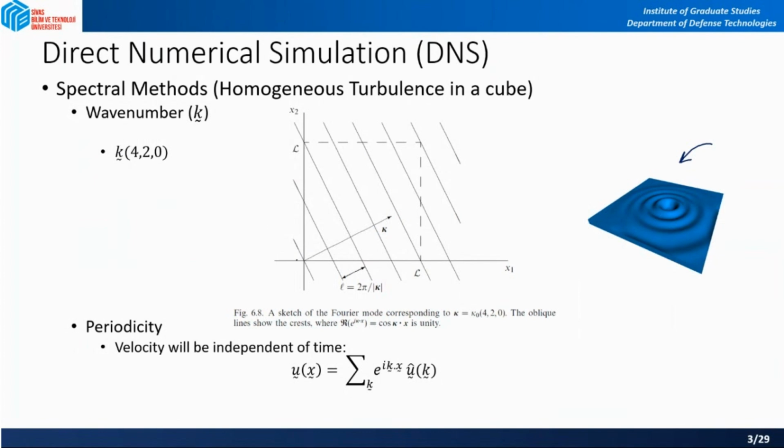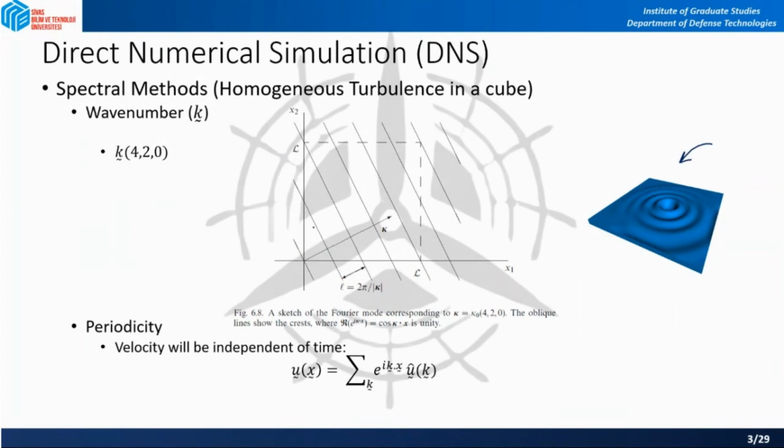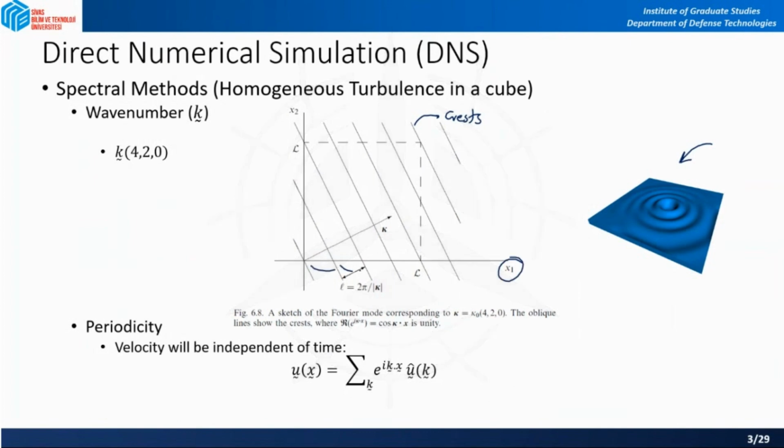These lines represent the crests of the waves, and you will see these waves traveling somehow diagonally. So you just count the number of crests that you have. Along the x1 direction, you have four waves.